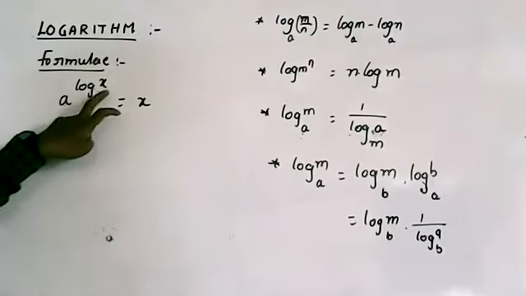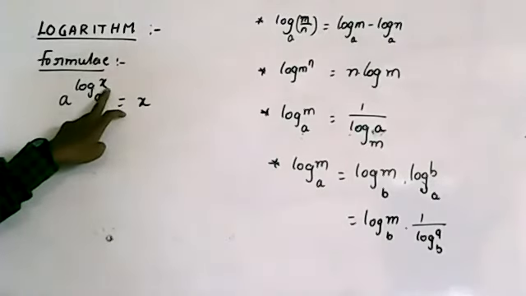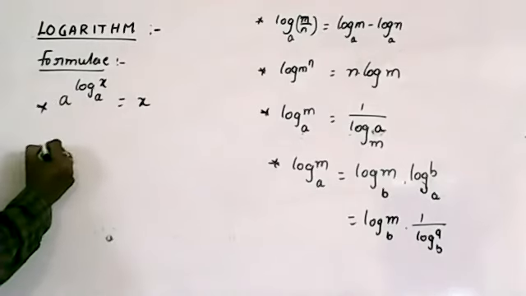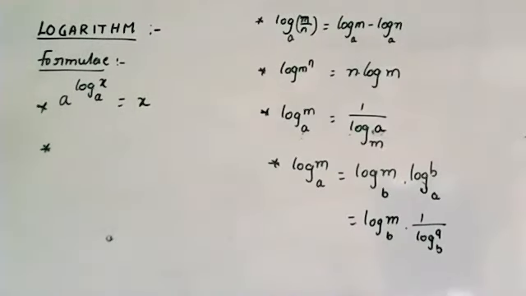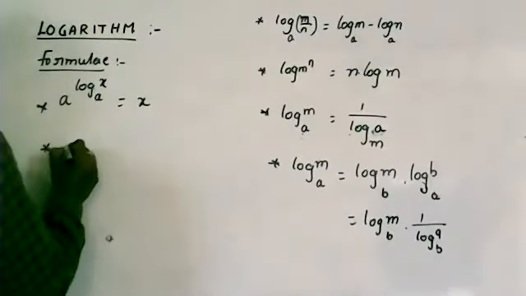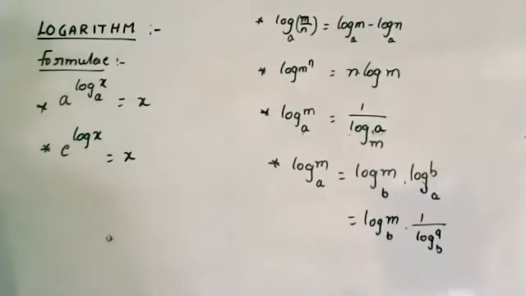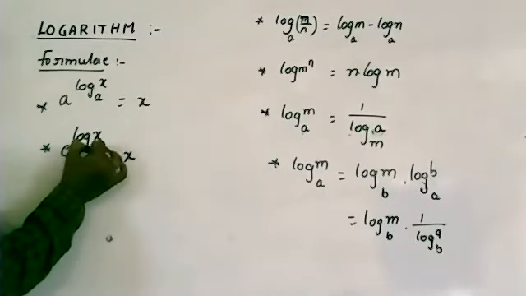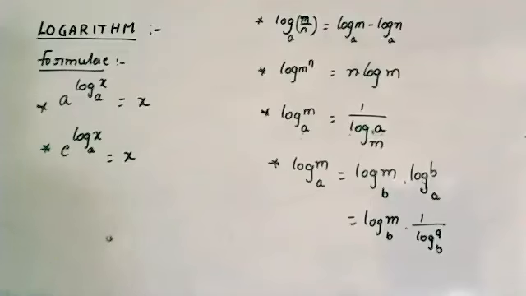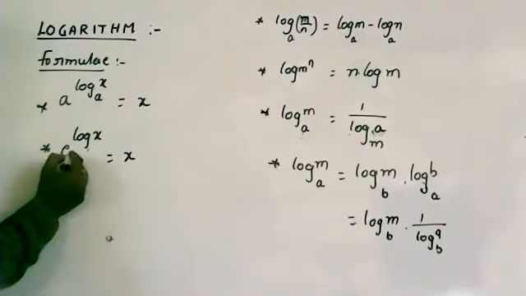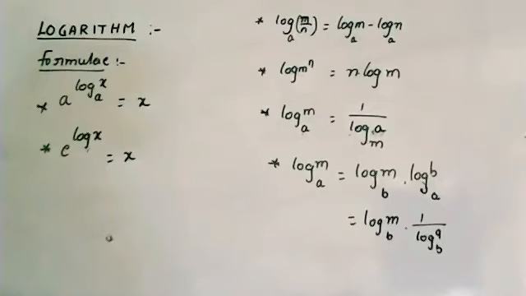So a power log x to the base a is equal to how much? x. This is one more formula. And one more formula: e power log x is equal to x. You can neglect the base also, no problem. You just remember like this. So e power log x is equal to how much, ma? x.